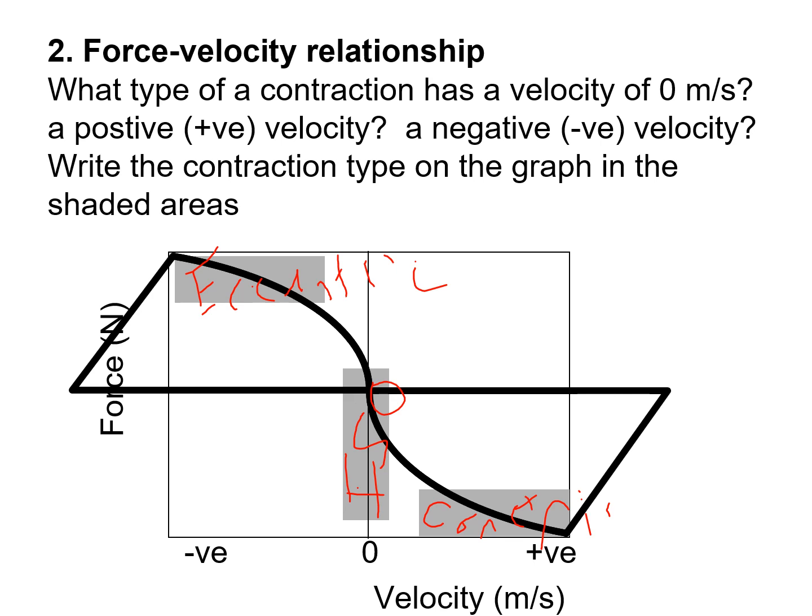So what we can see here is that we develop more force with eccentric contractions than isometric and concentric contractions.